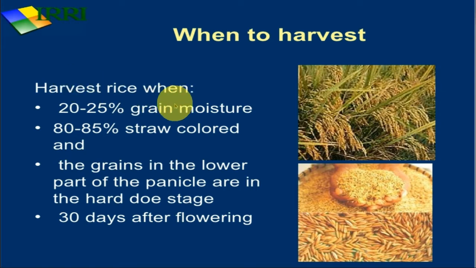And we will harvest rice when the grain moisture is 20 to 25%, meaning 70 to 75% of the grain moisture should have evaporated from the grain, and 80 to 85% of the straw is colored, meaning somewhat of the color of the straw should be lost, and the grains in the lower part of the panicle are in the hard dough stage, meaning the grains on the lower panicle sides should become hard, and usually after 30 days of flowering.